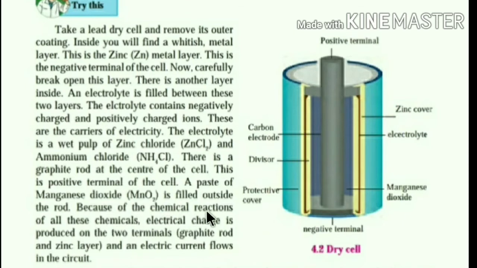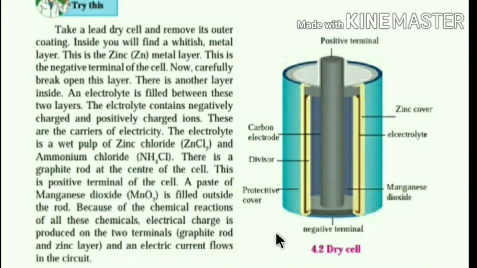Because of the chemical reaction of all these chemicals, electric charge is produced on the two terminals, that is the graphite rod and the zinc layer, and an electric current flows in the circuit.